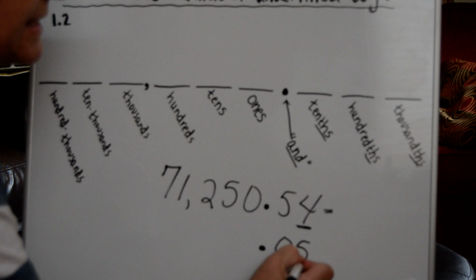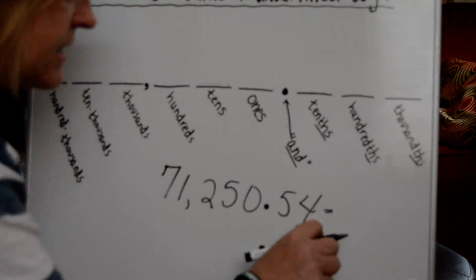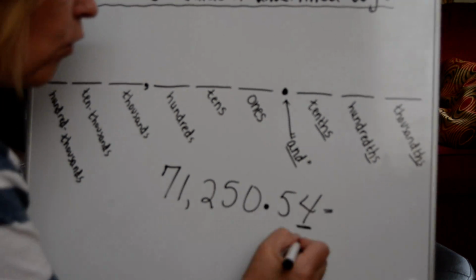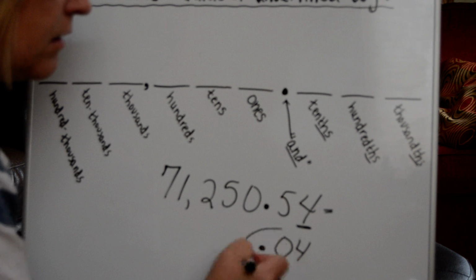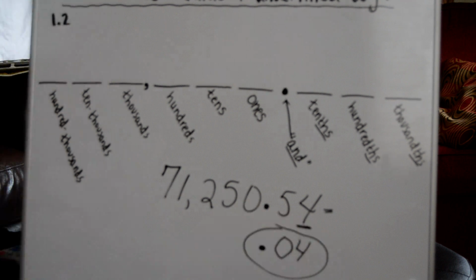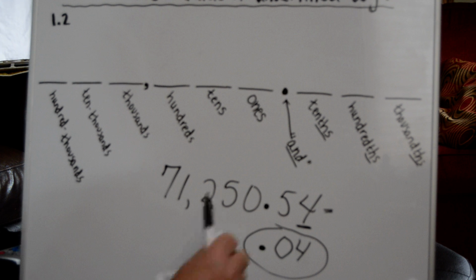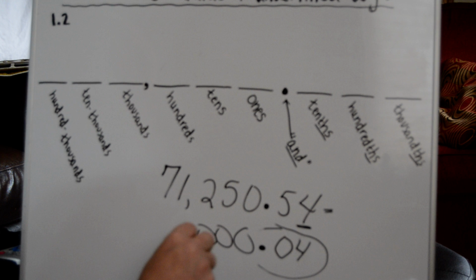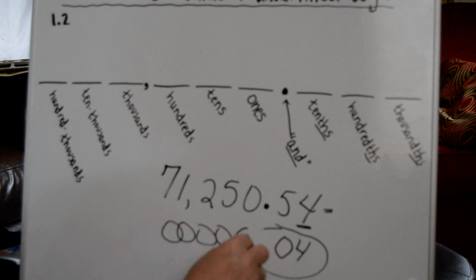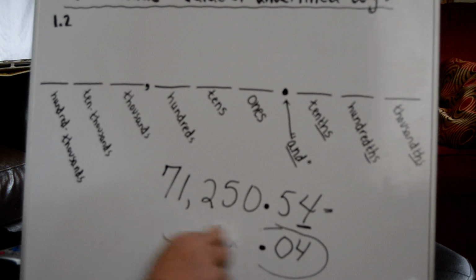So I would go 0.04, because that is in the hundredth spot. You're only looking at the value of the underlined digit, so everything else is 0. Could I have changed all of these to 0 ahead of it? I could, but we don't have numbers normally that look like that, so we drop those off.